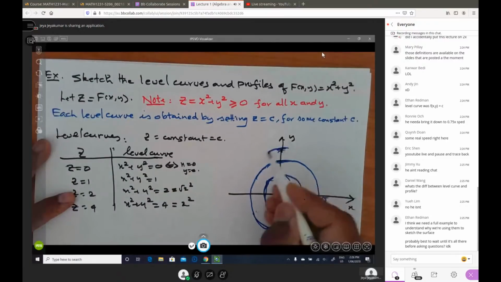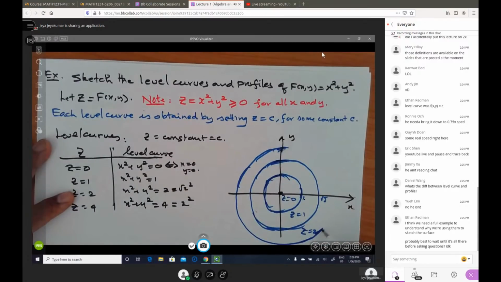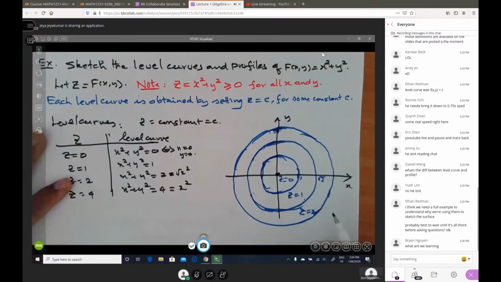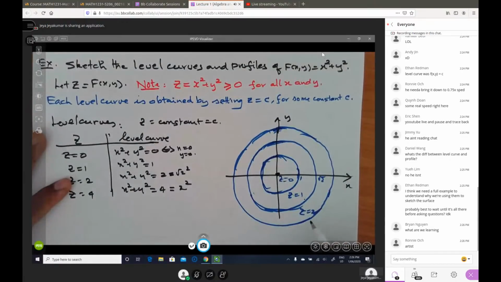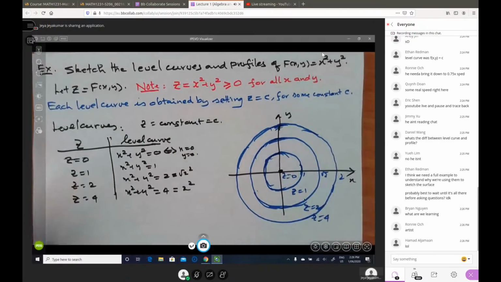And there's another one, z equals 4 is radius 2. So these are the level curves.